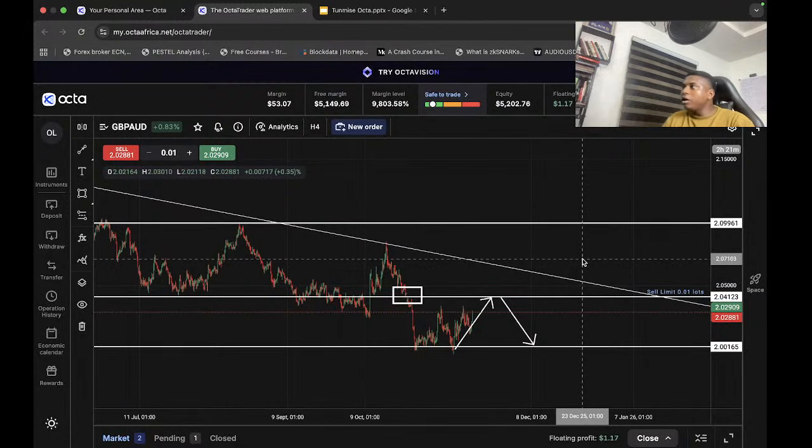And if it goes in our direction, our take profit will be triggered, so that it doesn't get to the take profit and then reverse back into our entry level, and wipe out our profit. So these are the reasons why you leverage risk management tools like take profit and stop loss.